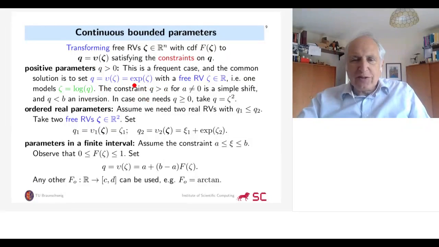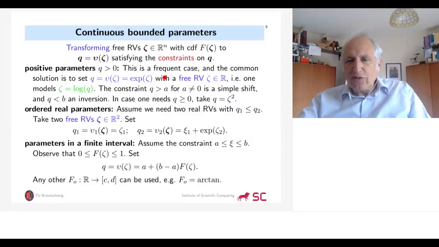And if the constraint is different, if it is not larger than 0, then it's a simple shift. If it's less than some other bound, the bound is from the other side, so it's an inversion: you take minus the exponent. Of course, this will never be 0, because zeta would have to be minus infinity.